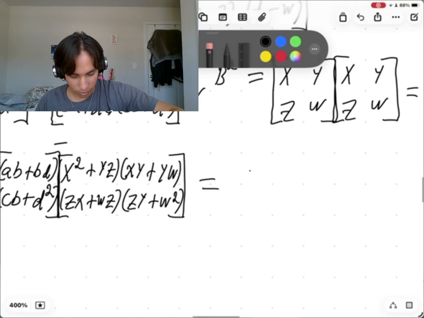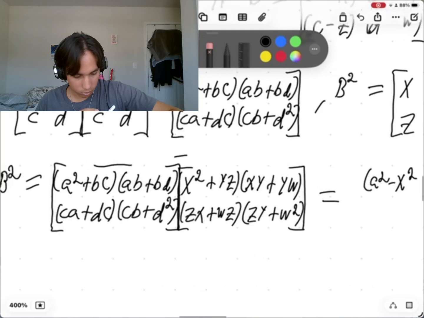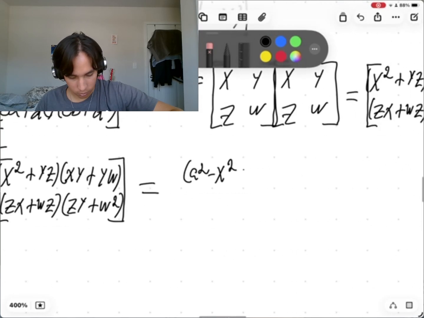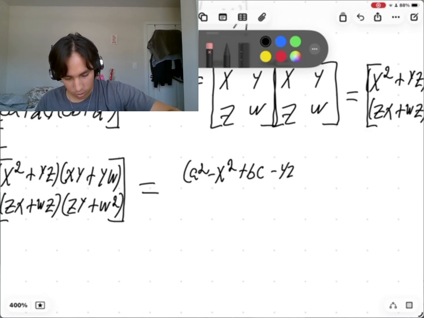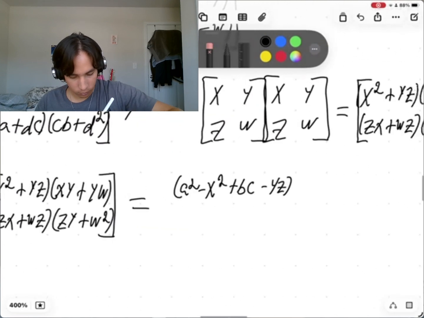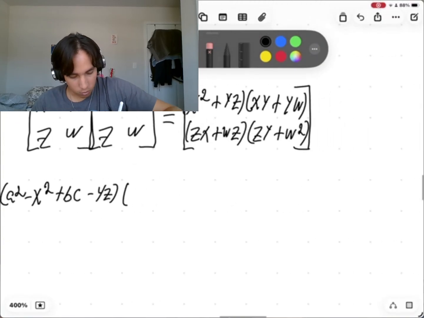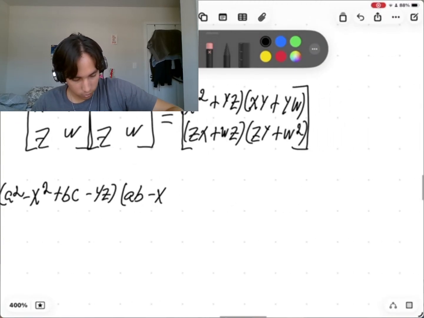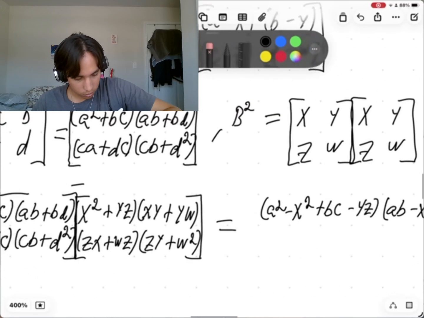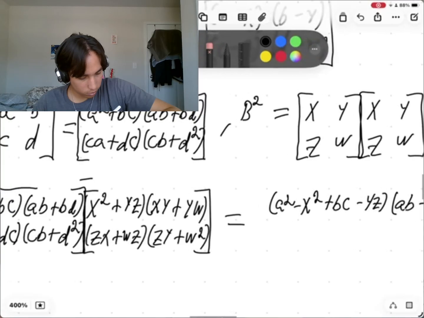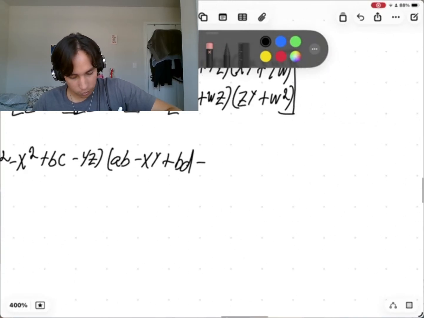So this is gonna be a squared minus x squared plus bc minus yz plus bc minus yz. And the next one is ab minus xy plus bd minus yw.